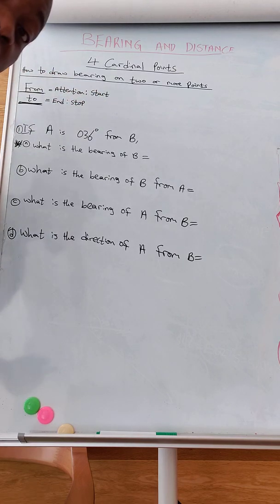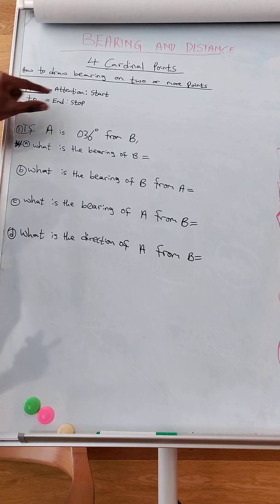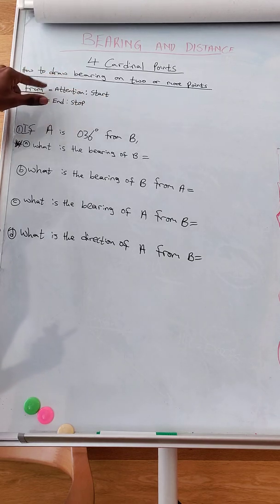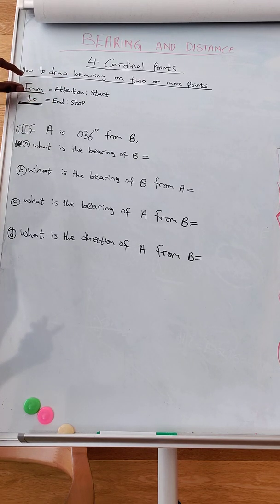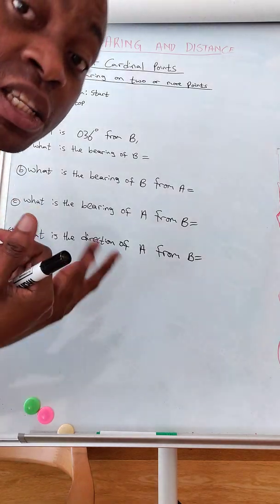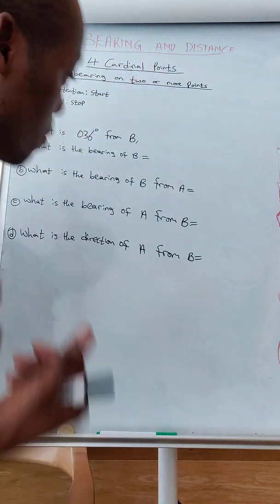I doubt if any teacher has ever told you that. The second is "to", which means where you should stop. When you start from that point, you have to go to another point and stop there. So you have to take note of "from" and "to". These are bearing and distance terms that I discovered on my own after several practices.